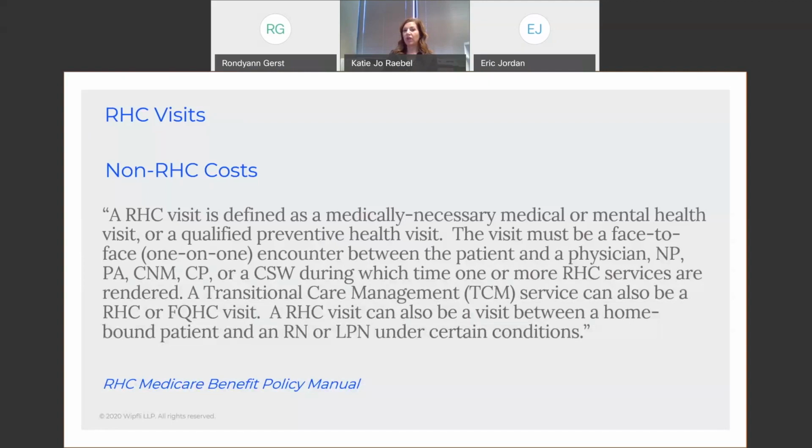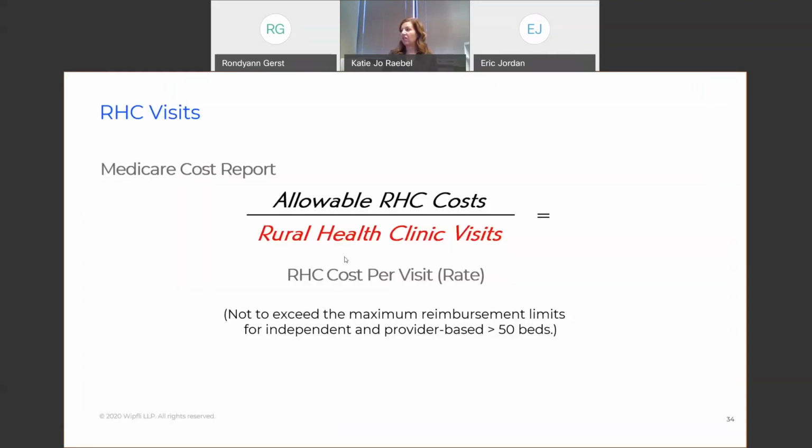And we also have productivity standards to think about. So when we are talking about a visit, what we want to be thinking about is if all visits were Medicare patients. Now keep in mind, these are all costs, not just Medicare costs. Medicare is arriving at an allowable cost per visit for all costs, all visits.